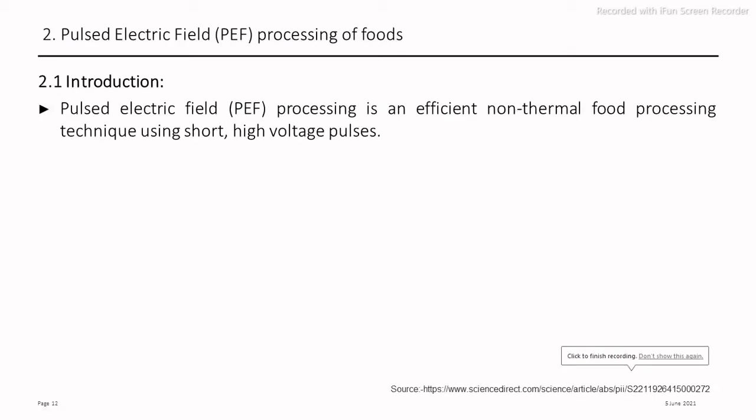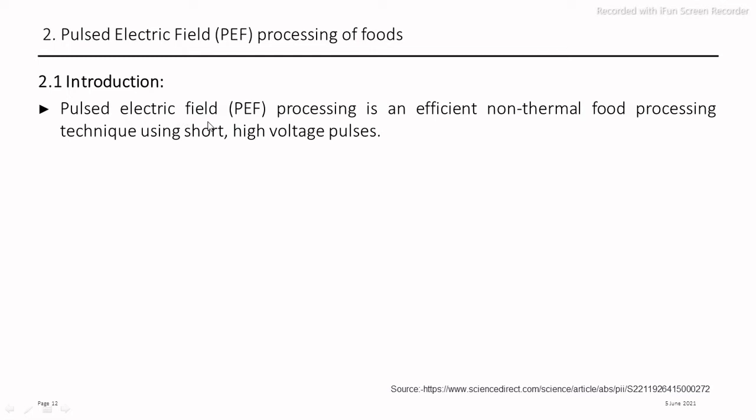What is the pulsed electrical field preservation technique? It means applying high or low voltage electrical field pulses to liquid foods. The electrical field may be high or low depending on the specific application.